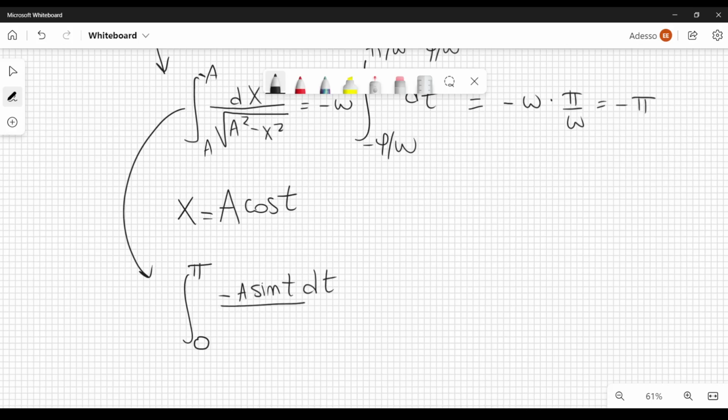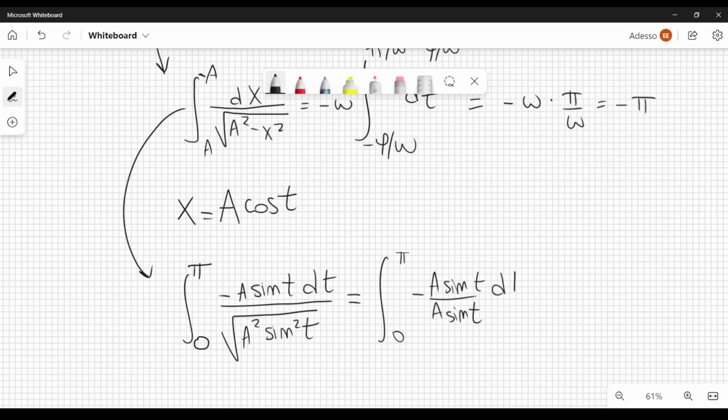Here dx is equal to minus A sine t dt, and here we have A squared minus A squared cosine squared, so we have A squared sine squared t. But in the interval between 0 and pi, the sine will be non-negative, so we get the integral from 0 to pi of minus A sine t divided by A sine t dt.